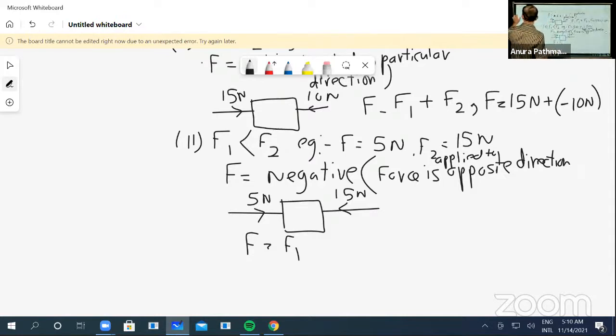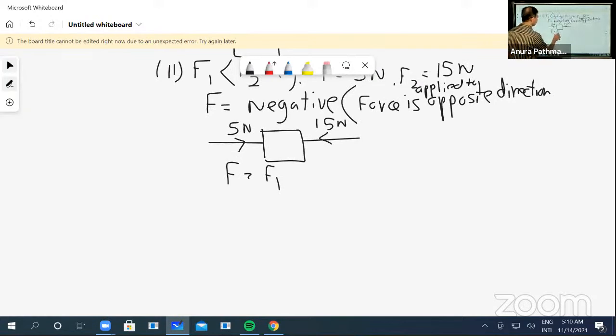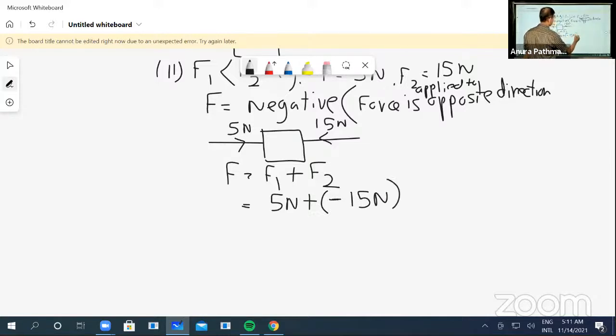So here we write F1 plus F2. F1 is 5 Newton plus F2, which is negative 15 Newton.